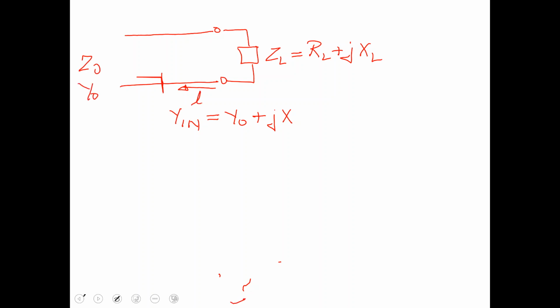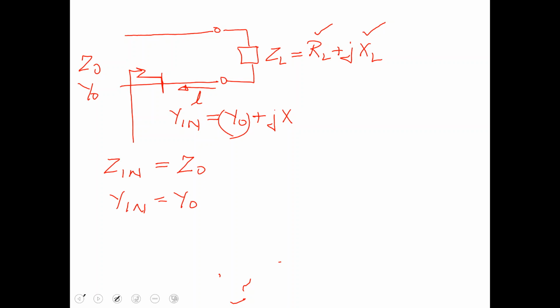You went back in length L such that the real part could be controlled. Remember again, to do this matching, you had a load which had two different variables. It had a real part and an imaginary part. And what you need to do is make sure that Zin has to be equal to Z naught, or Yin has to be equal to Y naught.